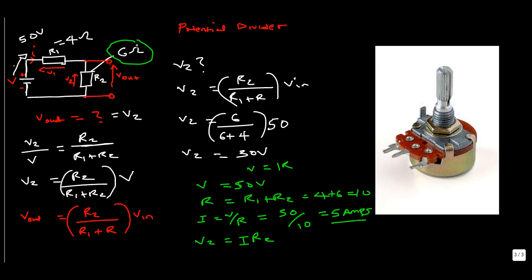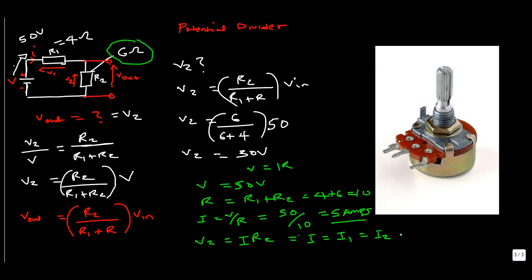Don't forget, I is the same as I in a series circuit. The total current is the same as the individual current flowing through your components, so I is equal to I1 is equal to I2.